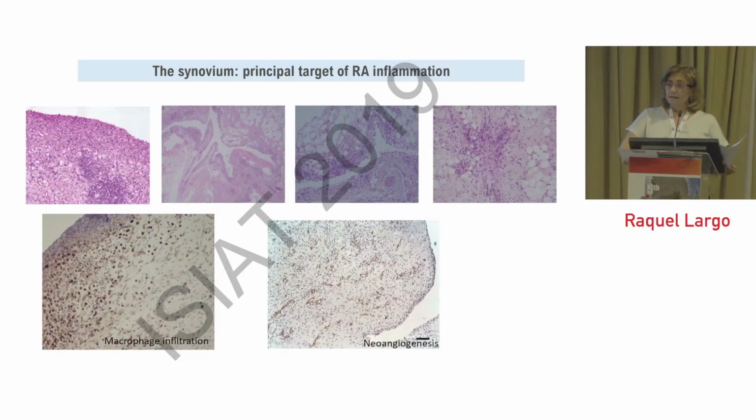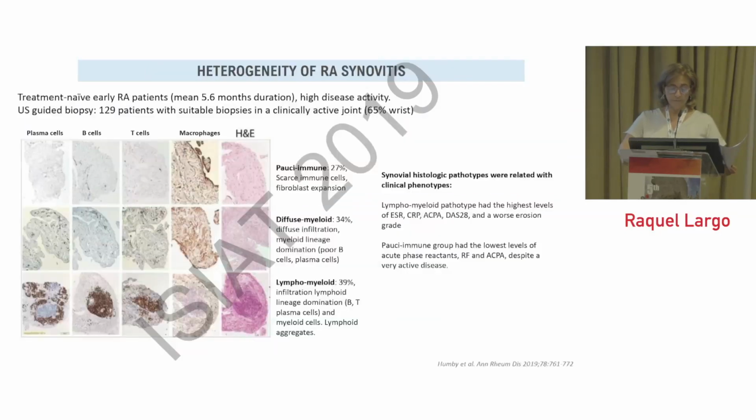Apparently, these alterations are homogeneous for RA patients, but if you study it in depth, you can see that even the histopathology in these patients is highly heterogeneous. This is a very recent study regarding this heterogeneity. They studied a cohort of treatment-naive early RA patients with high disease activity.